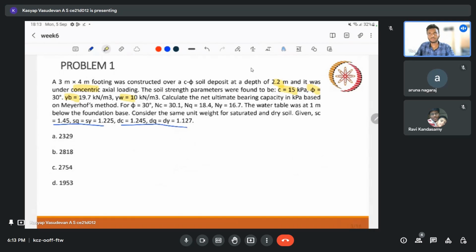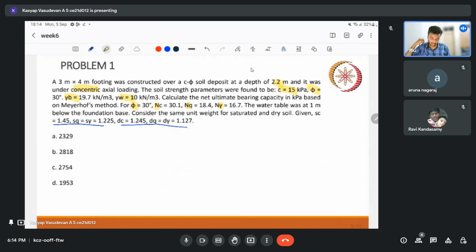If you had attended the previous interactive session, we had discussed eccentrically loaded footing, as well as in the videos we also discussed inclined load. In all those cases these factors differ. Now we are also given the three bearing capacity factors for our phi value.